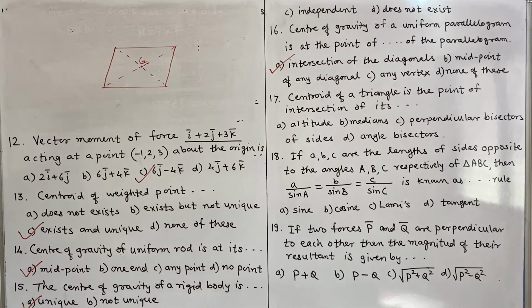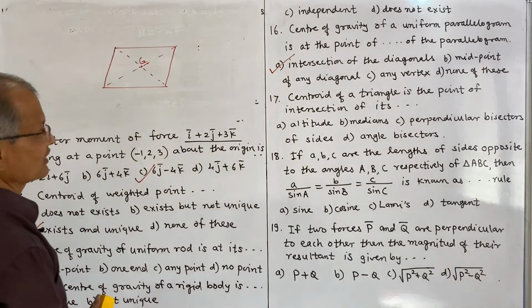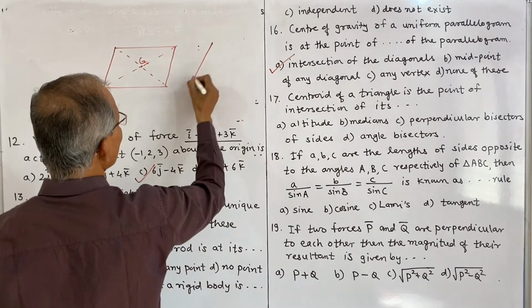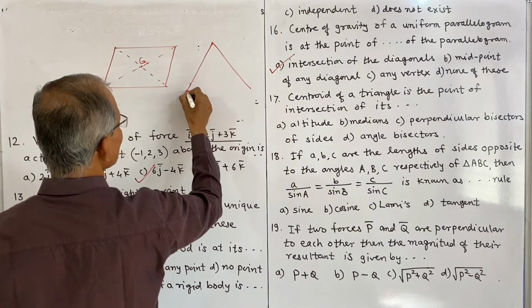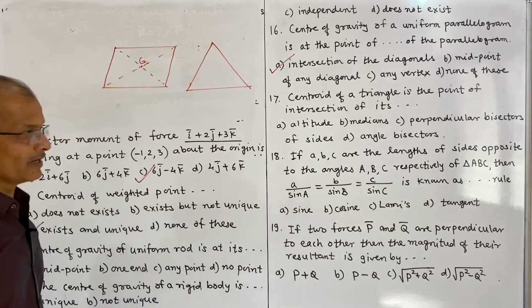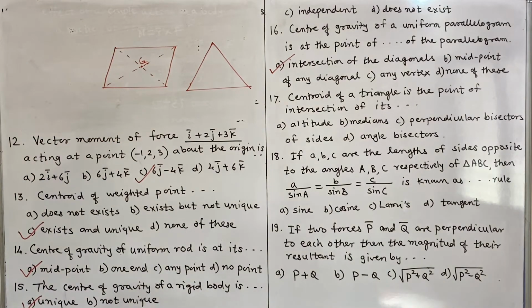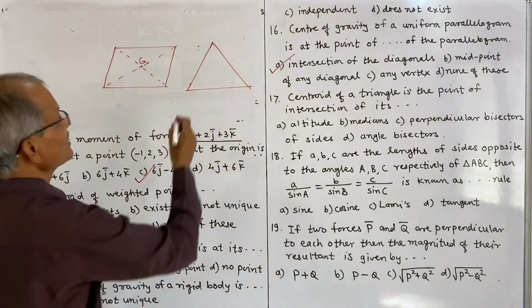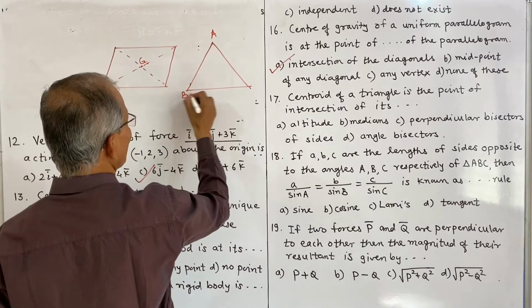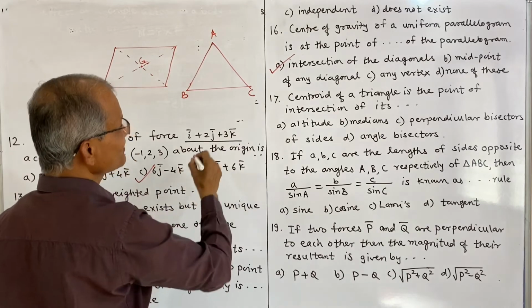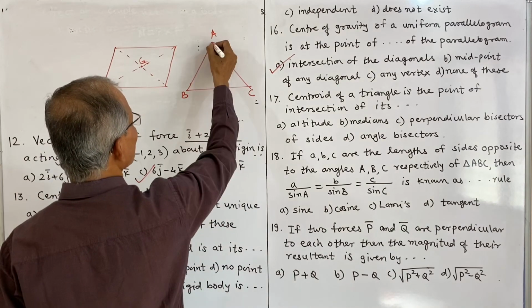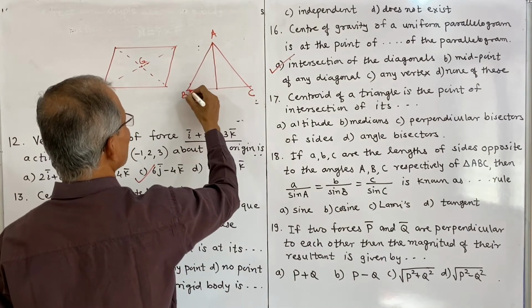The centroid of a triangle is at the point of intersection of the medians. See, this is triangle ABC, and medians means if you join the midpoint of a side and the opposite vertex, that will be the median.